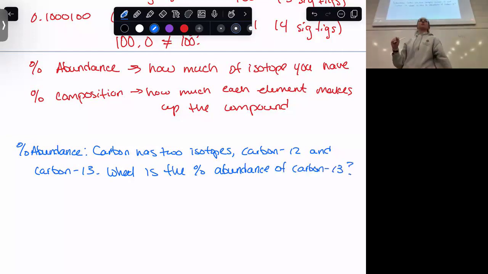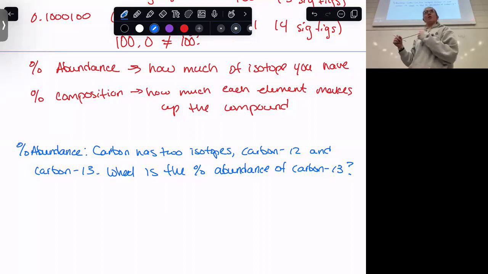That would be a typical percent abundance question. Do you know how we would solve this percent abundance question?